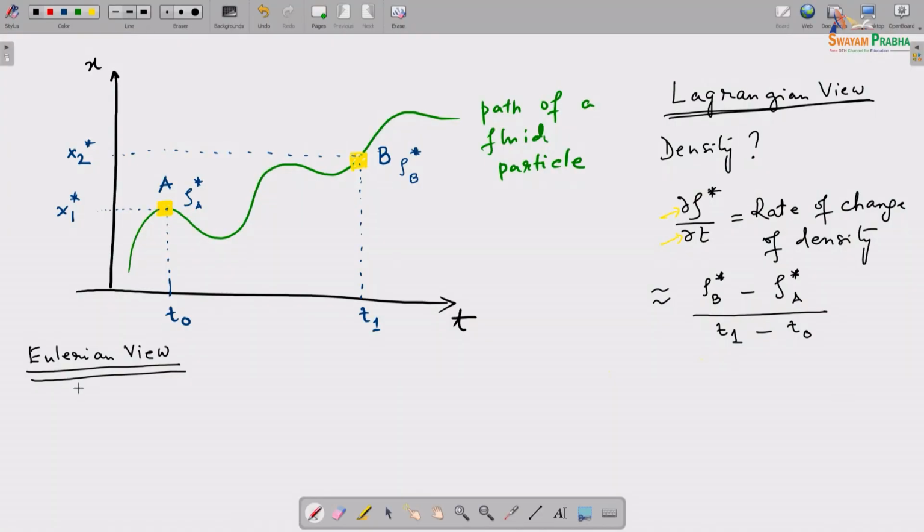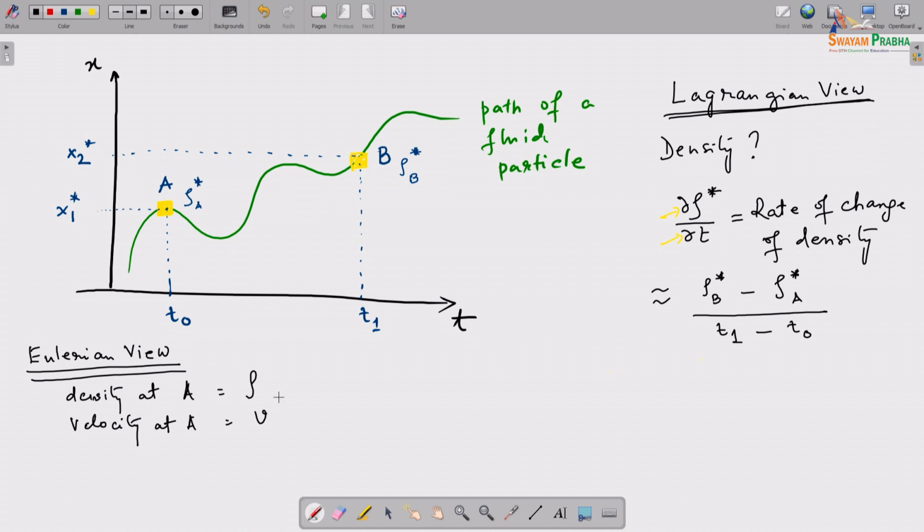From that view, let us say we regard this location as A, and let the density there be rho and the velocity be v. So the density at A is rho, and the velocity at A is v.